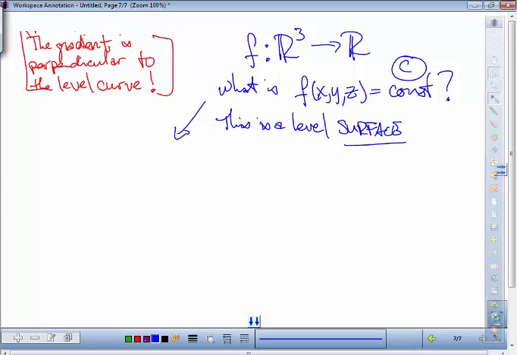If I take the gradient of f, according to this, it is perpendicular to a level curve, but now we go to a higher dimension, it is perpendicular to a level surface.